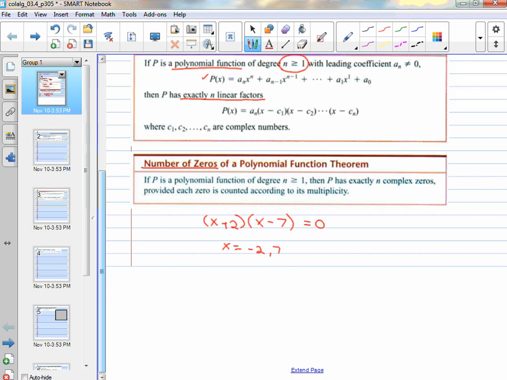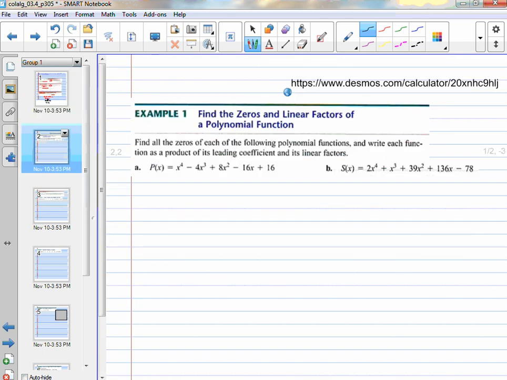So we are going to have, as long as we count multiplicity, the same number of zeros as the degree of the polynomial. Remember what we mean by multiplicity? Let's say it factored as x plus 2 squared. Well, then x equals negative 2 is the only 0, but we count it twice because it has a multiplicity of 2. So we call it a double 0.